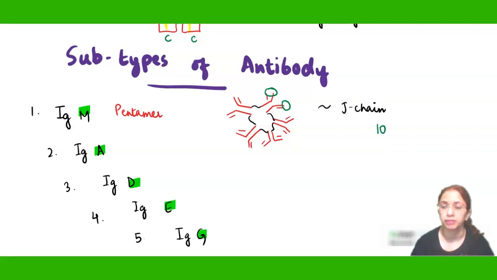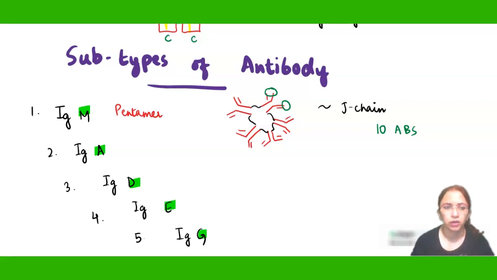Yes, there will be 10 antigen binding sites in the antibody IgM. This is the one which is released at the very first time whenever any infection occurs. So IgM is a pentamer. It has 10 antigen binding sites, and one monomer of antibody is connected to the other with the help of J chain.